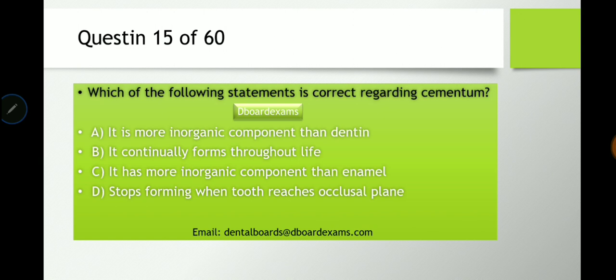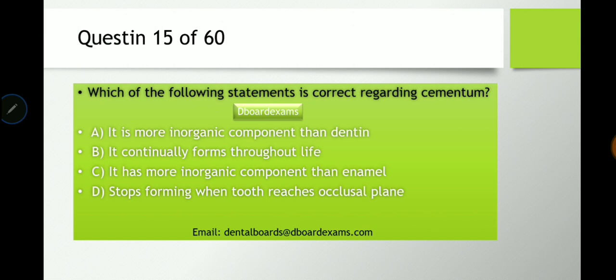Number 15. Which of the following statements is correct regarding cementum? All right. A. Does it have more organic component than dentin? B. It continually forms throughout life. C. It has more inorganic component than enamel. D. Stops forming when tooth reaches occlusal plane.